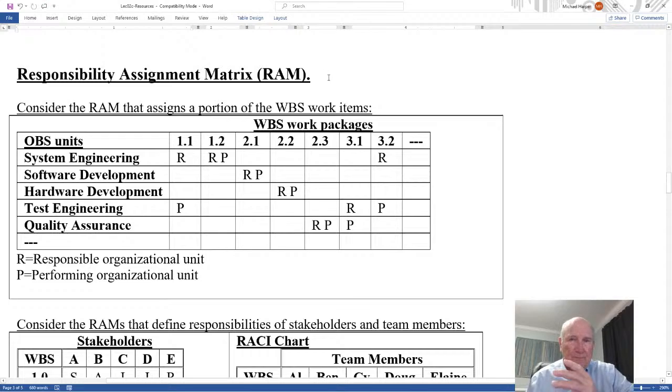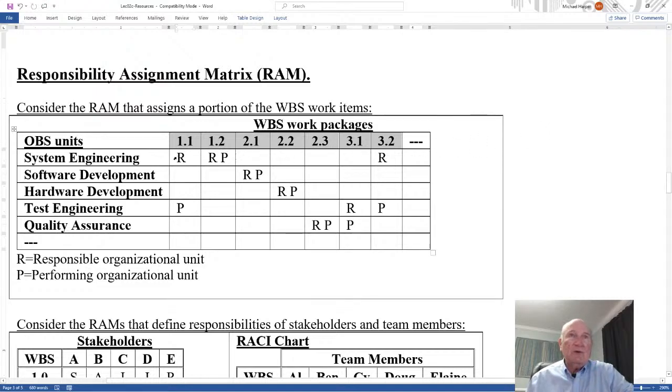First of all, a higher level would be the OBS units here of system engineering, software development, hardware development, test engineering, quality assurance, and more. These are the different line functions within an organization. The WBS work packages are right here, and there could be more. I only had these 7.